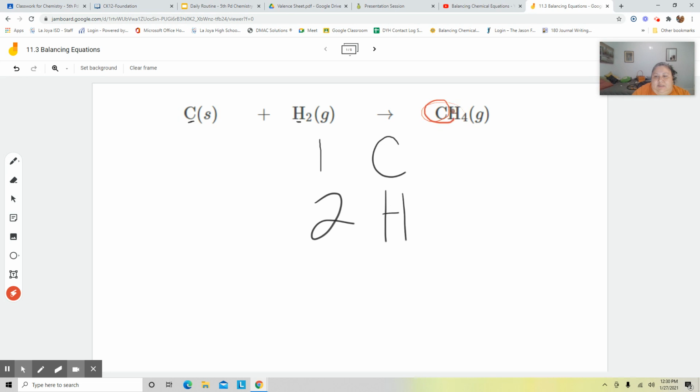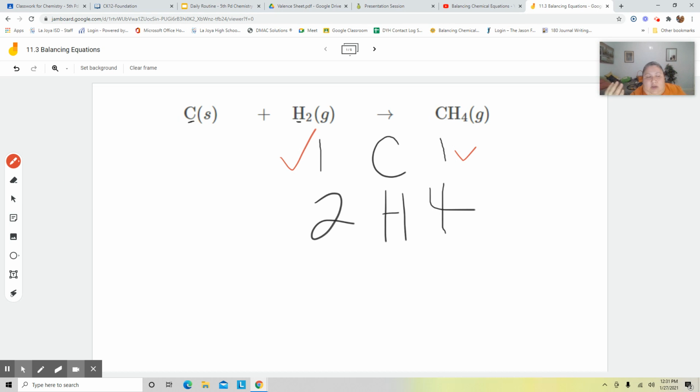How many carbons for this guy right here? If there's no subscript, there's always just 1. Okay, what about hydrogen? What's my subscript? 4. So that's what I'm going to put here. Okay, now you can easily see that my carbon's balanced, right?